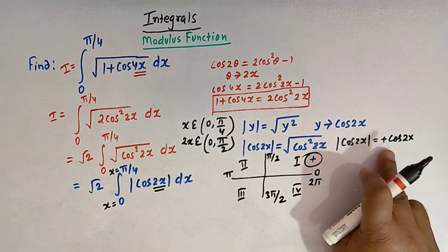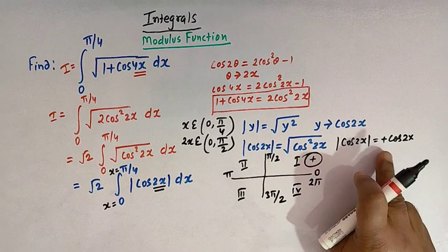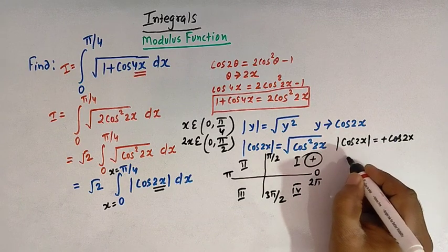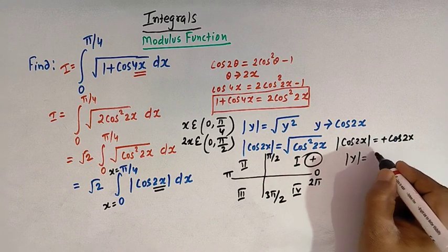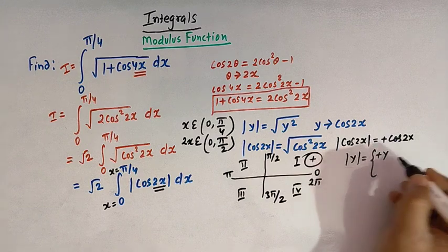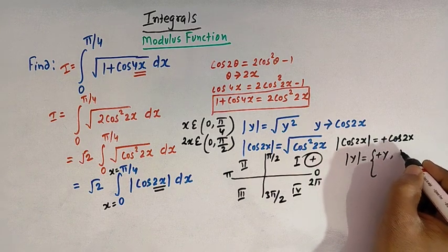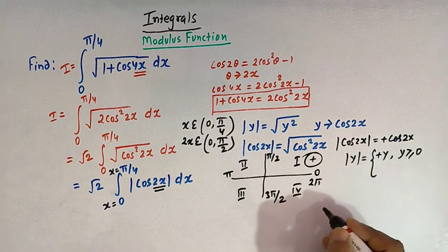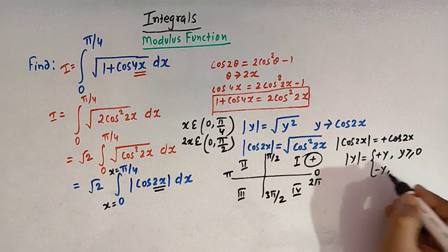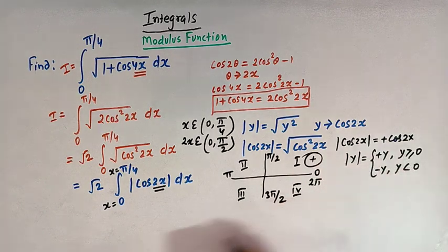This is by virtue of the definition of the mod function, because the mod function says that mod of y is equal to positive y whenever y is greater than or equal to 0, and mod of y is negative of y whenever y is less than 0.